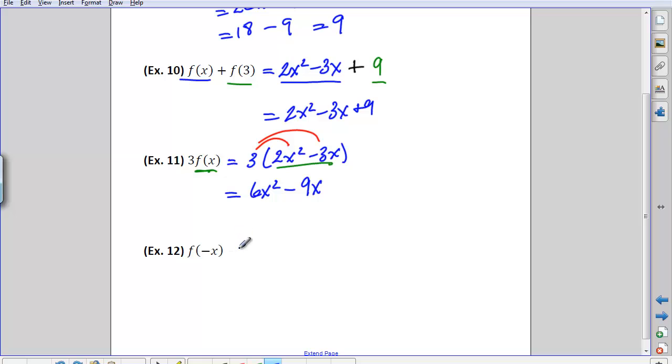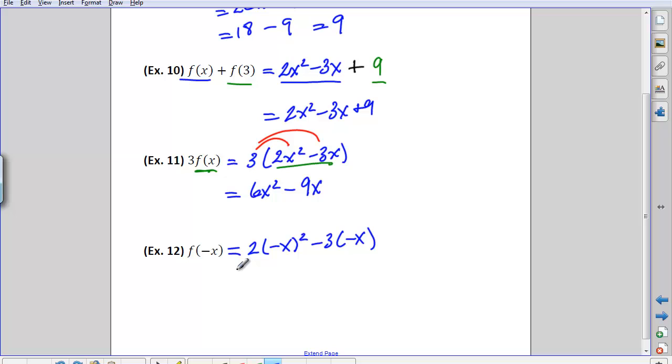F of negative x, again, every x in our function is now going to be replaced by a negative x. And the parentheses are really crucial here. So it was 2x squared minus 3x. Now it's 2 in parentheses negative x squared minus 3 parentheses negative x.